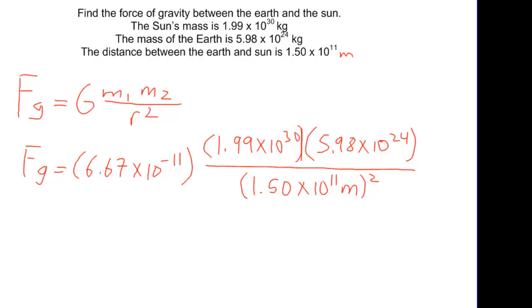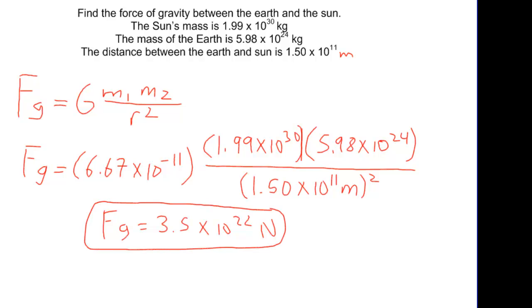Divide that by 1.50 times 10 to the 11th squared, and we get a force of gravity that is very large here, 3.5 times 10 to the 22nd newtons. A very large force of gravity attracting two very large masses towards each other. And we're talking about the sun and the Earth.